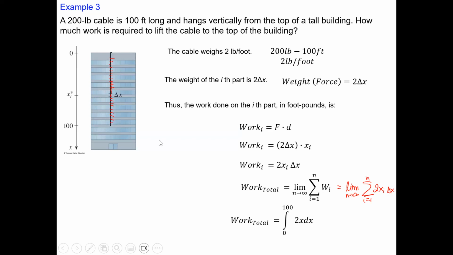That's the length of the cable. We just have to integrate that work, 2x dx, and when we integrate, it will be 10,000 foot-pounds.